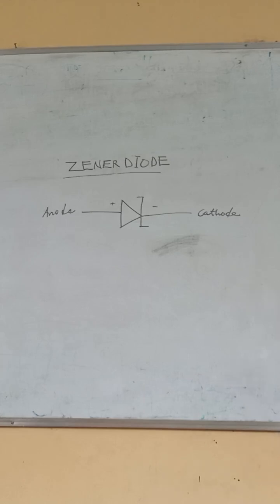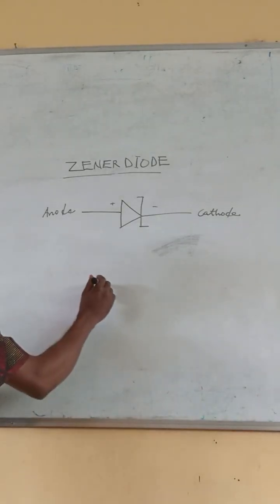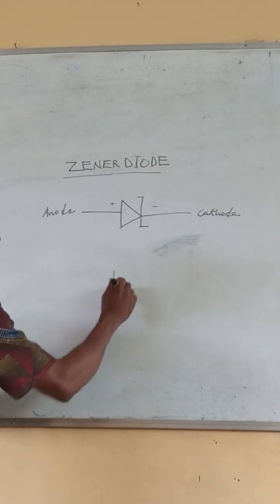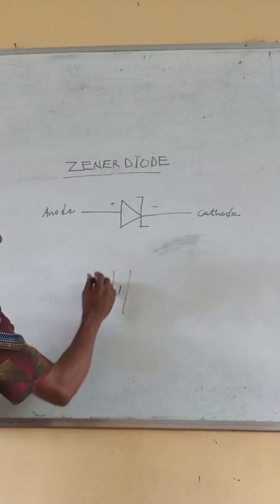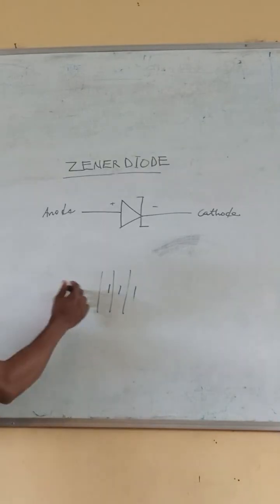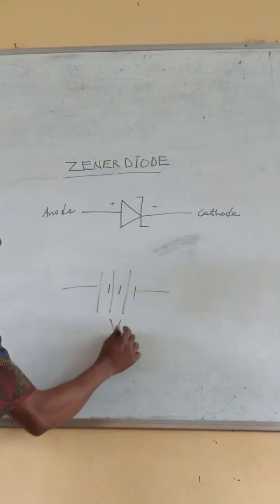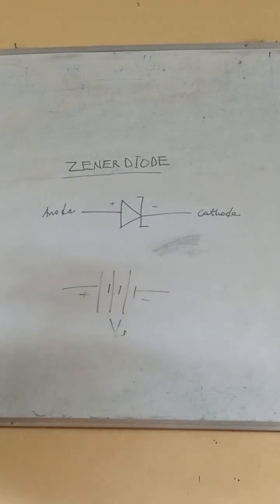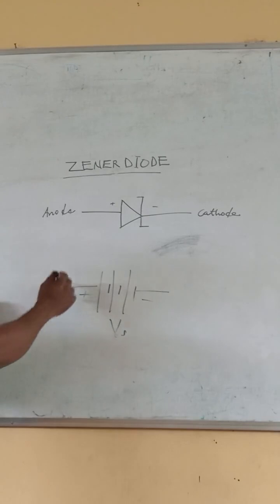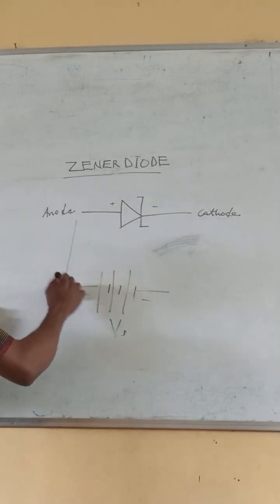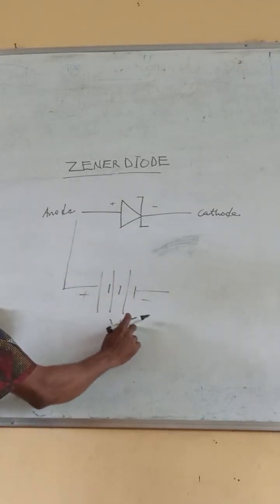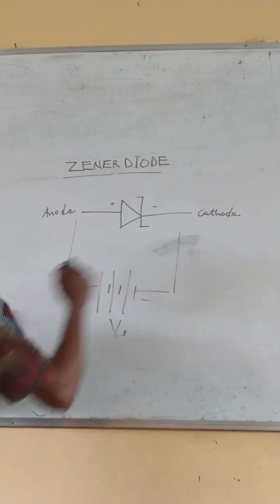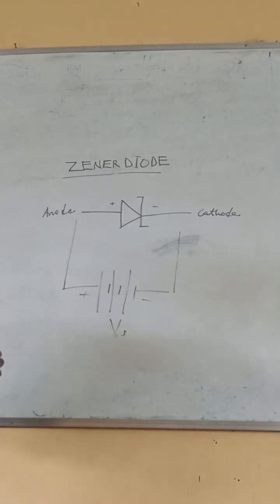In forward bias condition, let's say we have our voltage source, with this positive and this negative. If we put the positive terminal of the source to the positive of the diode, and the negative terminal of the source to the negative of the diode, this is forward bias condition.